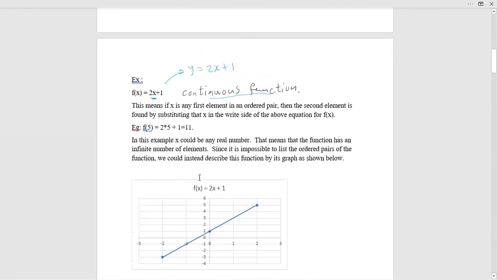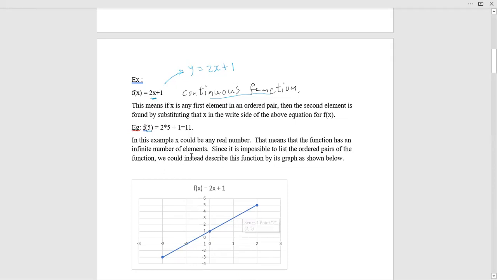Therefore, you cannot write it like we did with ordered pairs. When x equals 0, there is a y value. When x equals 1, there is a value, when x is 2.5, there is a corresponding y value. Therefore, it is an infinite number of data points.